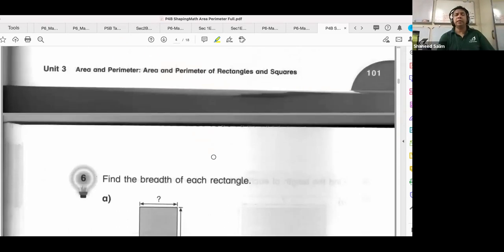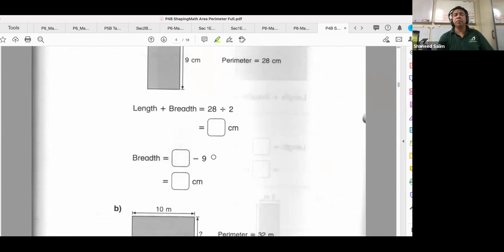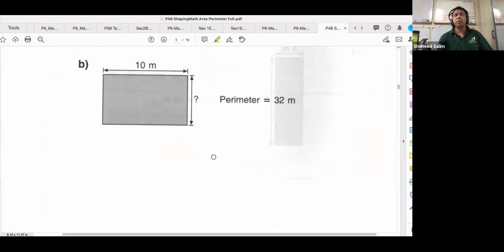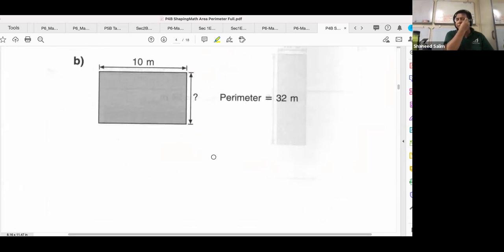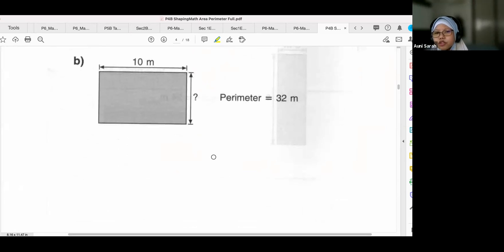Okay, we try the next one. Come on, make sure you can do this, okay? They want you to find the breadth. 1 minute. Is it the same steps? Same steps. Okay.